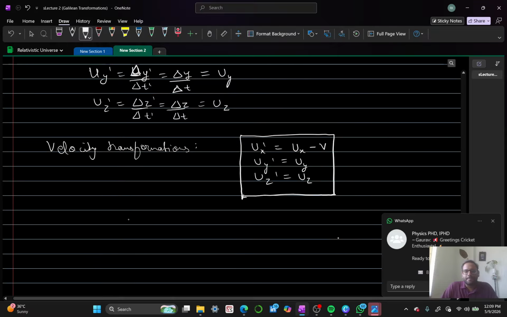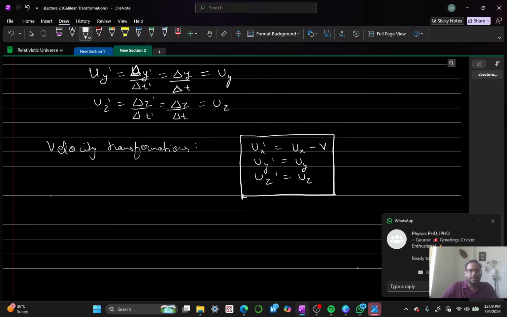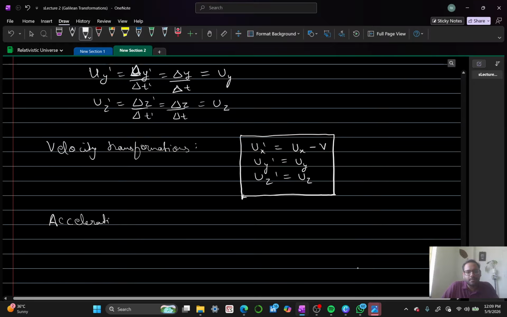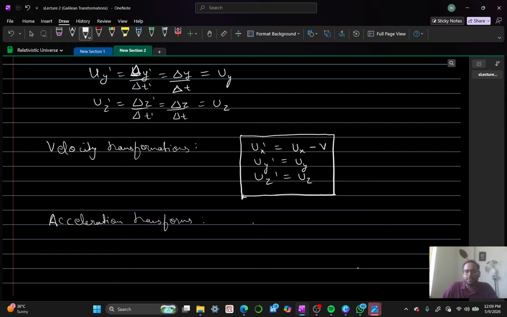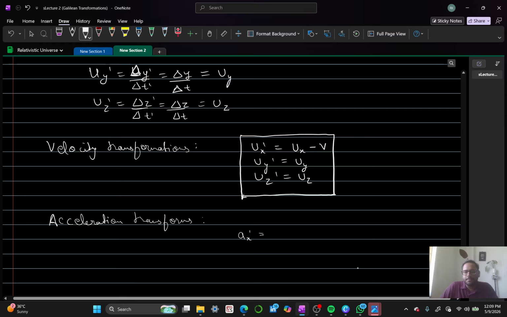And acceleration transformation is very simple. To find how the acceleration transforms, you just differentiate both sides. You will find that the acceleration in both frames will be equal. These are components.